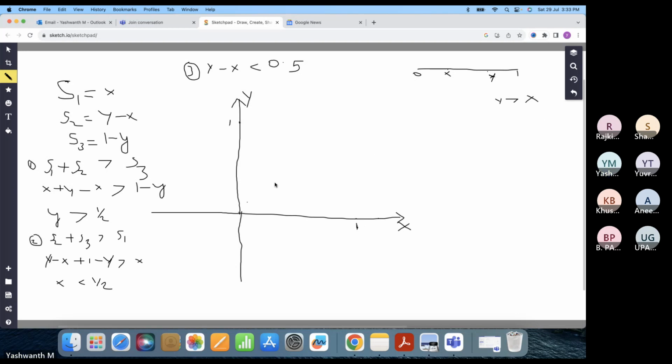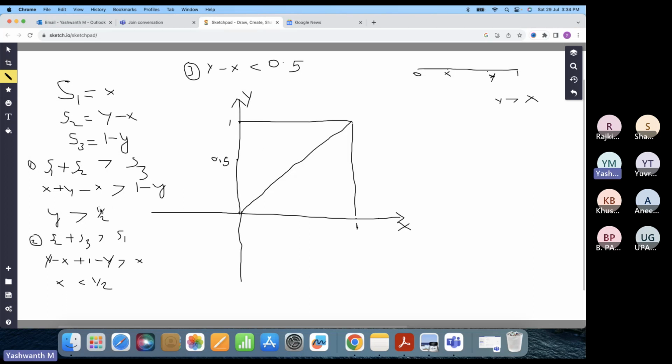So let's treat this as 1 by 1. So this is a 45-degree line, and the upper region is where y is greater than x. This is my sample space.